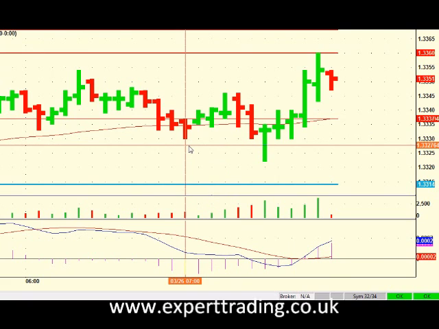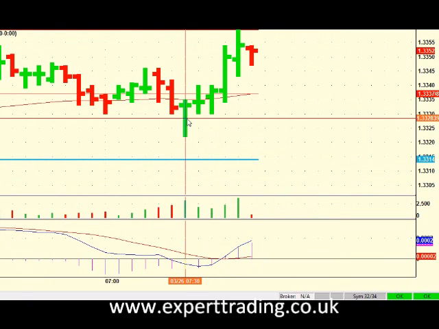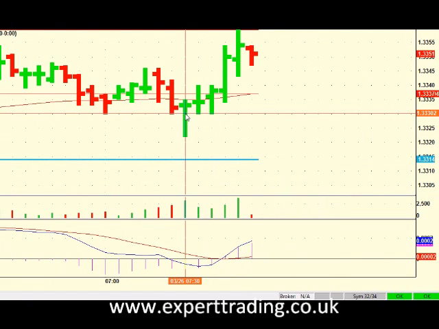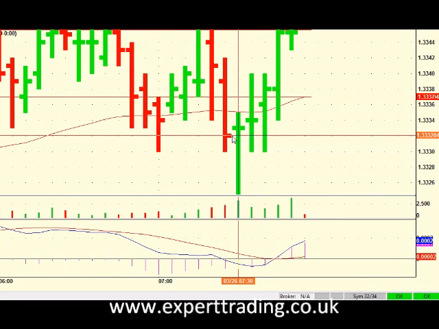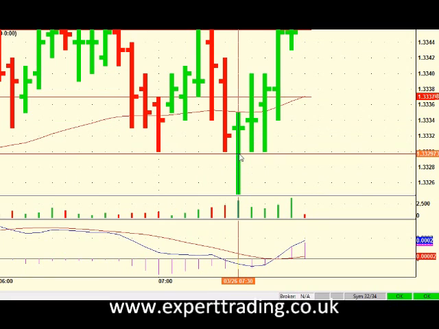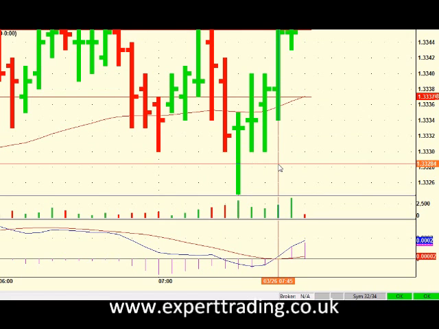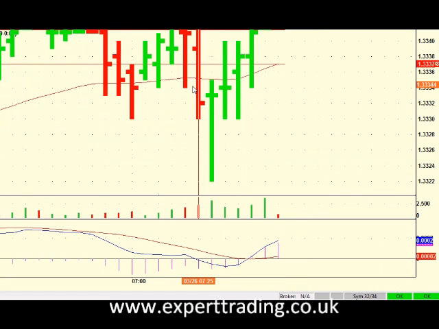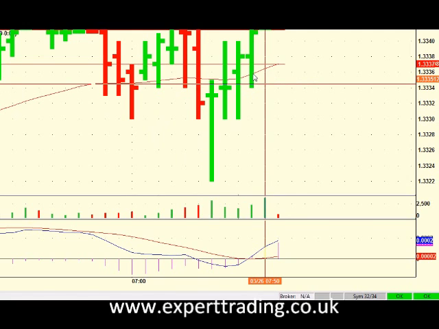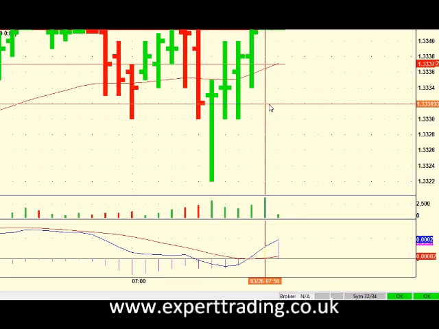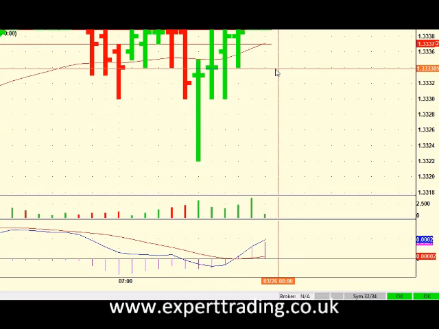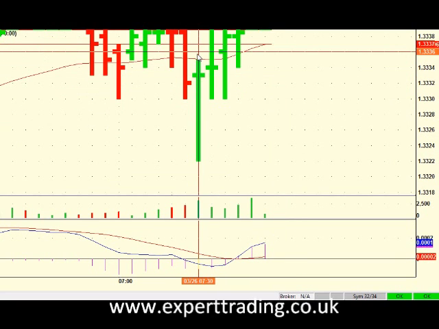Right, hello there. So this is what happened to the euro. It went down. We entered the trade here on the break of the 50, the close below the 50, and then the break of that bar. So here, and then there was a very big signal here, but it's not within our rules of the strategy to exit on this bull bar.